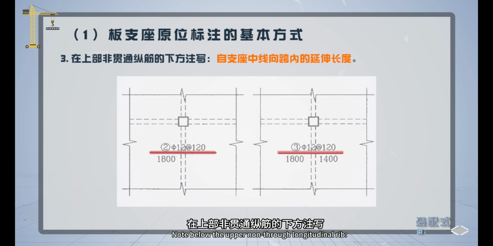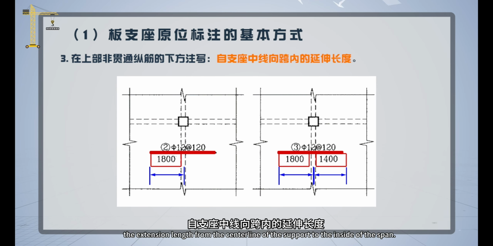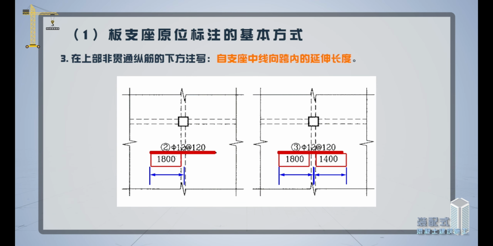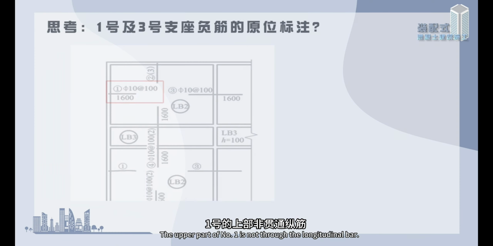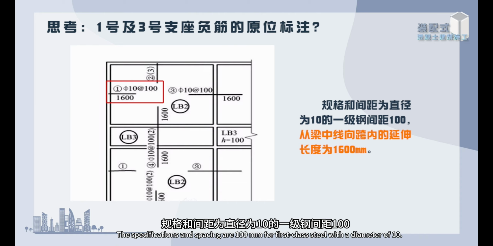Note below the upper non-through longitudinal rib the extension length from the center line of the support to the inside of the span. For example, the upper part of No. 2 is a non-through longitudinal bar. The specification and spacing are first-class steel with a diameter of 10 at 100 mm.